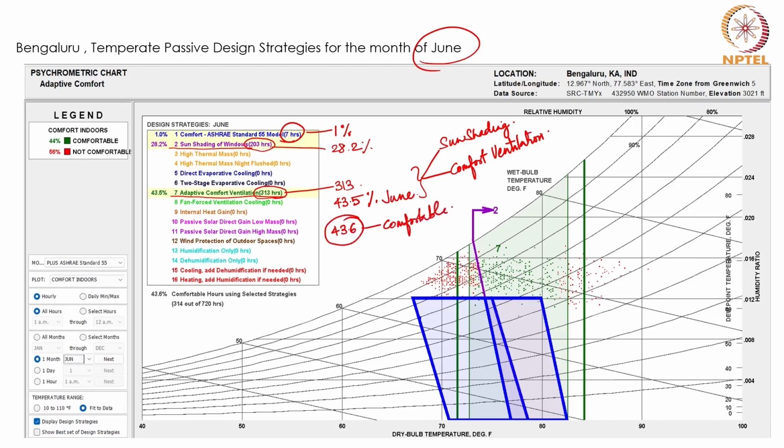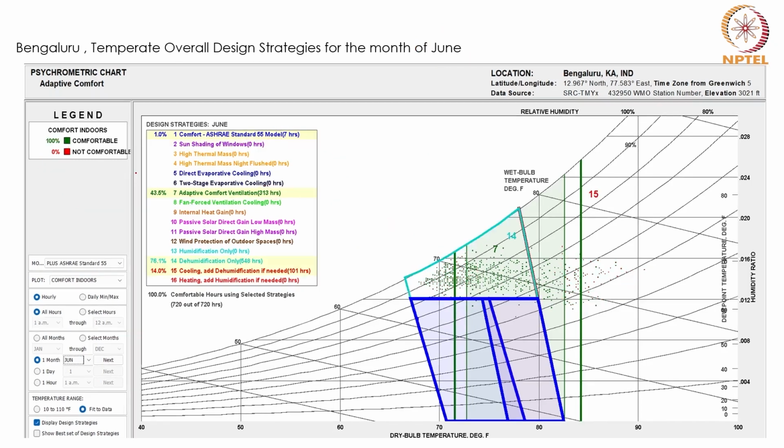But we can see that there are some hours which are beyond the comfort zone. How to make these comfortable so that the remaining 56% of the hours also become comfortable? How do we do that? That can be done by using some active strategies.